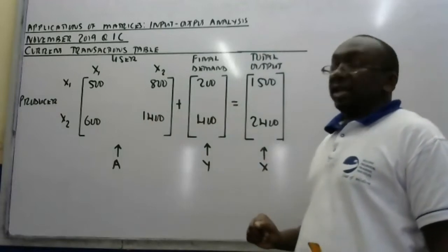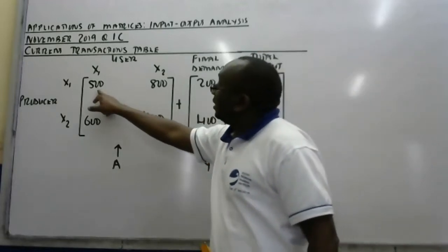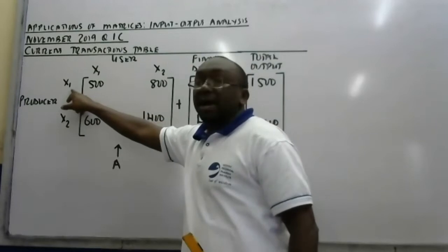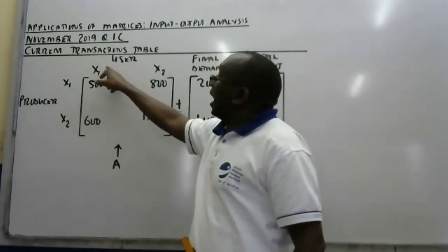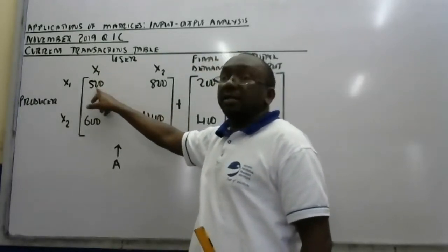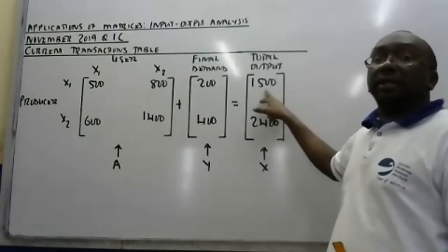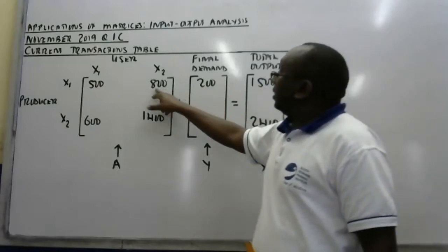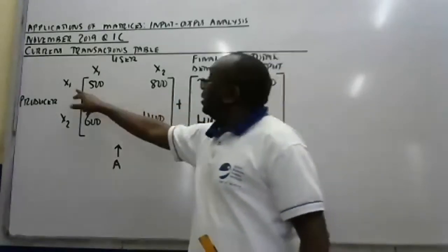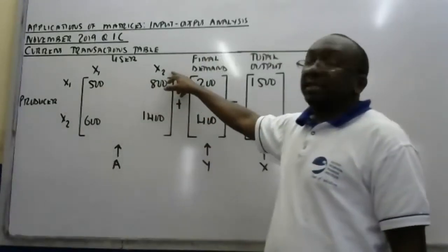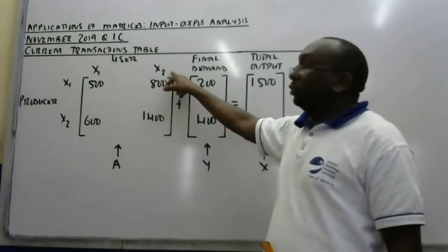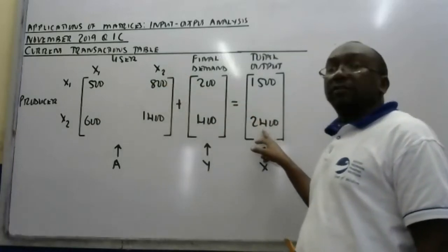So the argument goes like this. This 500 is the output from sector 1 that goes in as input to sector 1 so that sector 1 can produce a total of 1500. This one is the output from sector 1 that goes to sector 2 so that sector 2 can produce 2400.